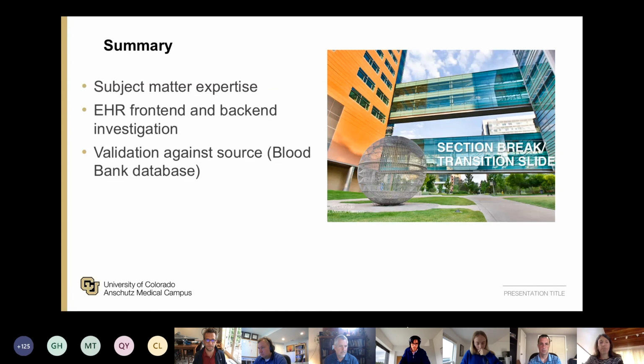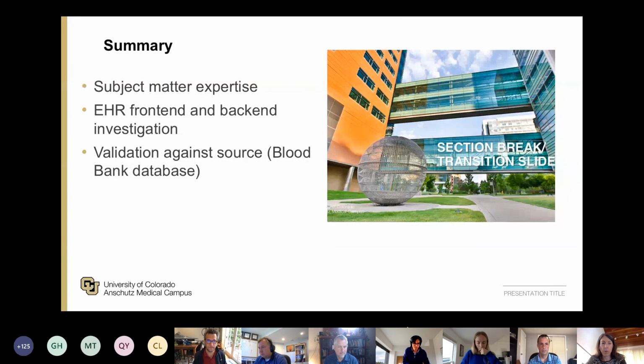So just to wrap this up, our takeaways: to do this well and make sure we were getting the right data from our EHR and our blood bank, because there are really two sources involved, going from the blood bank into the EHR and combining with EHR data, we really needed deep subject matter expertise.